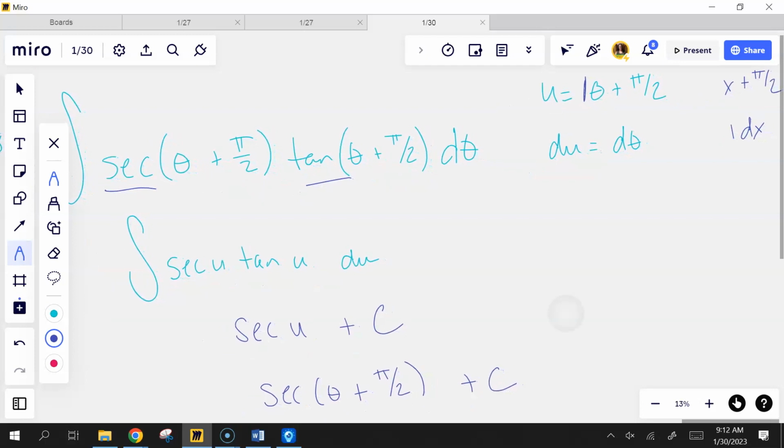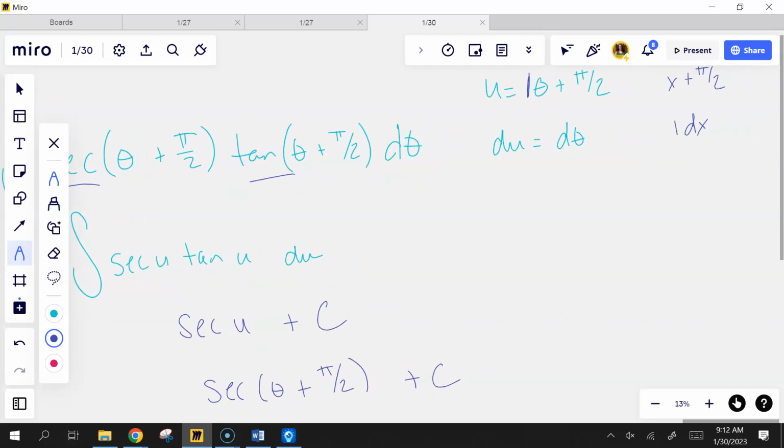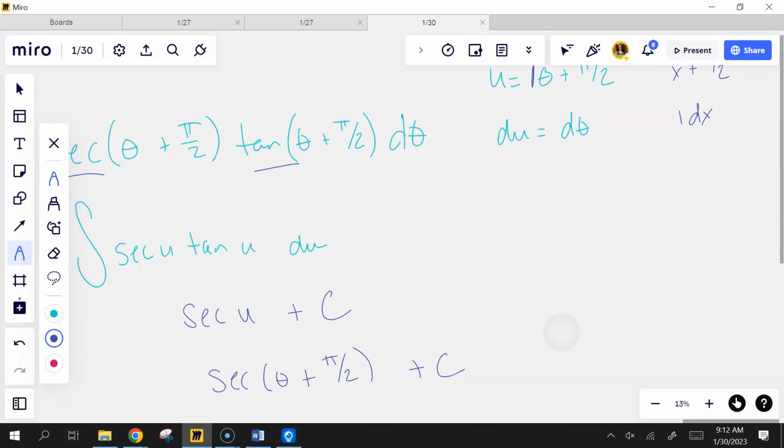Yeah, theta's a variable. The derivative of secant x is secant x tangent x. She just said, where did the tangent go?